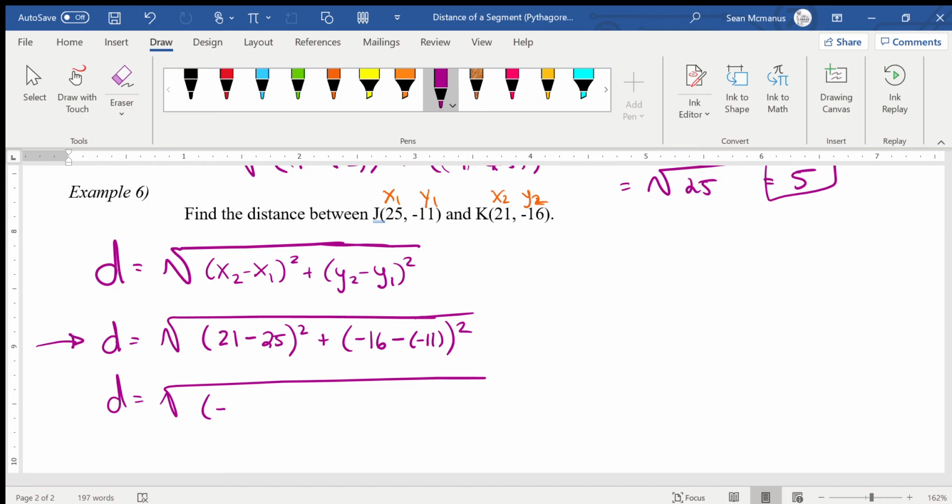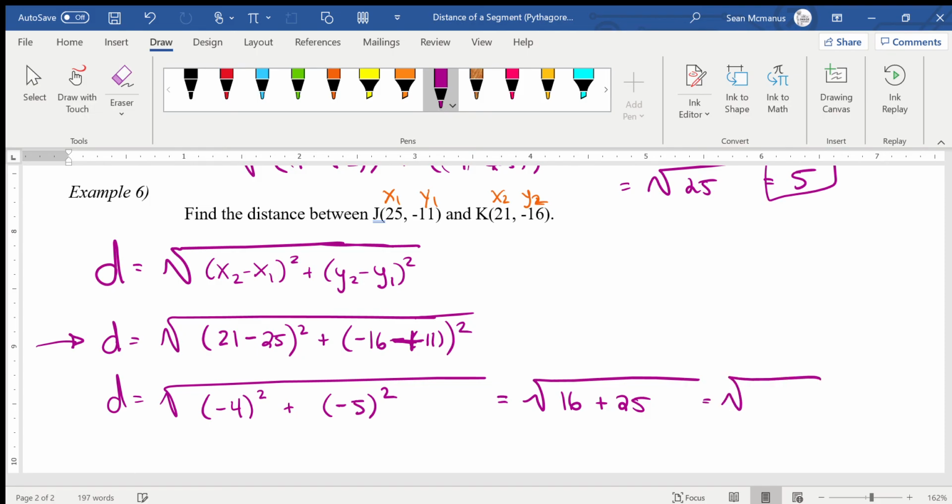21 minus 25 is -4, squared, plus -16 minus -11. Two negatives makes a plus, so that would be -16 plus 11, which is -5, squared. I've got negatives in there, but that's okay, because when we square a negative, it becomes positive. -4 times -4 is 16. -5 times -5 is positive 25.